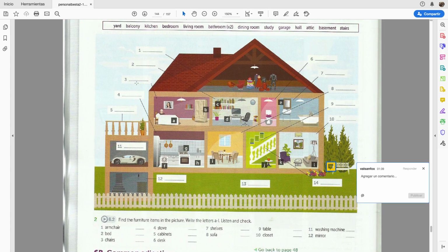Okay, for example, first I am going to repeat and then maybe you can help me match these words with the pictures here. Here we have yard, balcony, kitchen, bedroom, living room, bathroom, dining room, study, the garage, hall, attic, basement, and stairs. So what we need to do here is match them with every word in the picture.